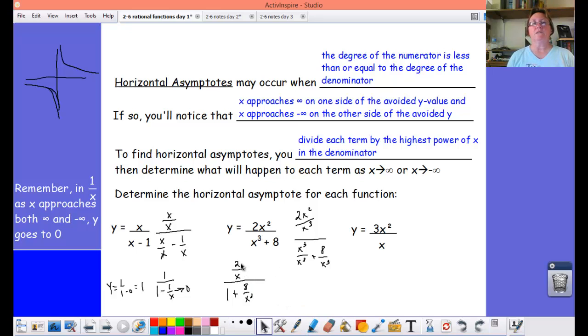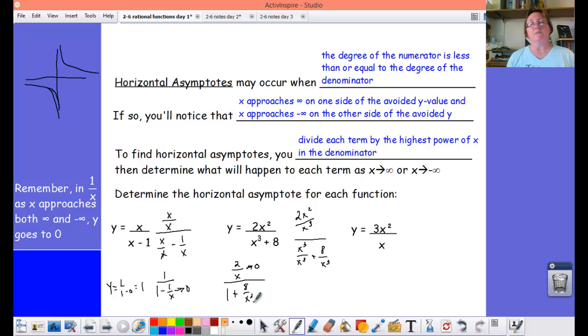Ladies and gentlemen, the truth of the matter is, if 1 over x goes to 0, so does 2 over x. When you're talking infinity, that little change of 1 on top doesn't mean anything. So this is acting just like 1 over x, and that's going towards 0. On the bottom of this fraction, nothing changes with 1. When x gets really big or really small, 1 is 1.